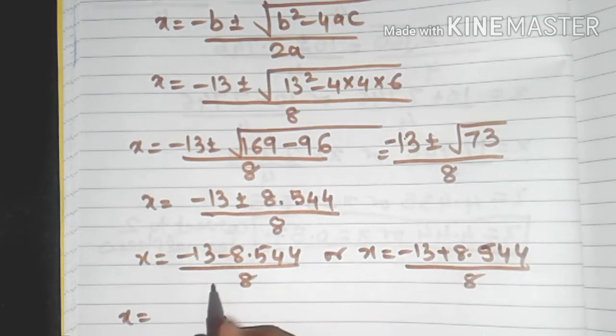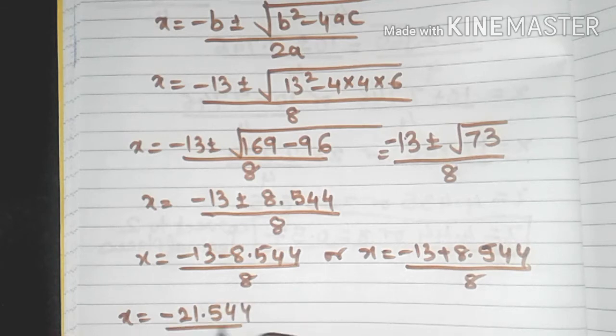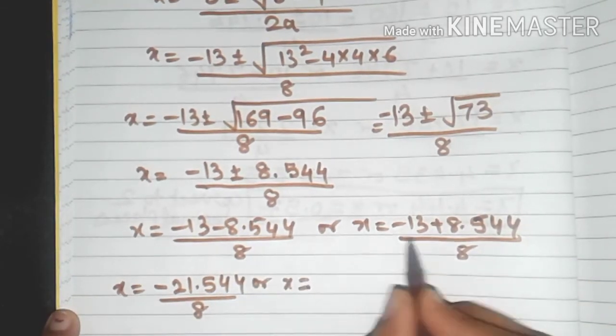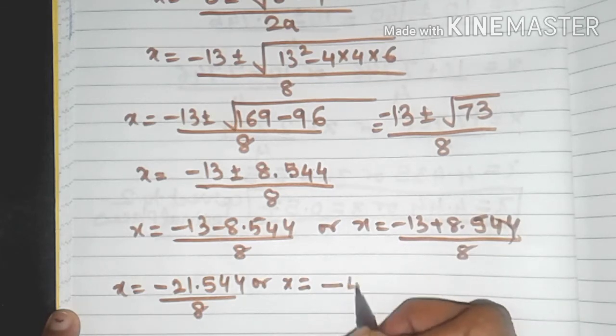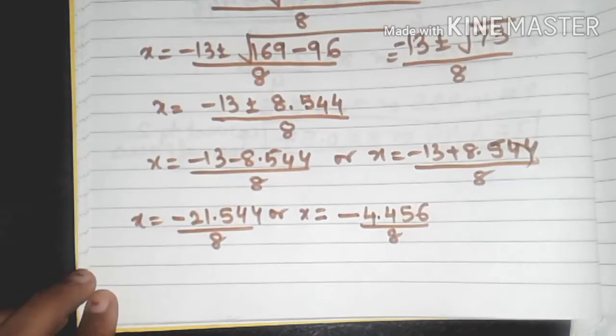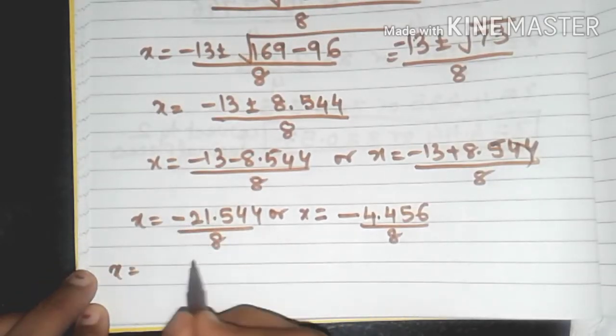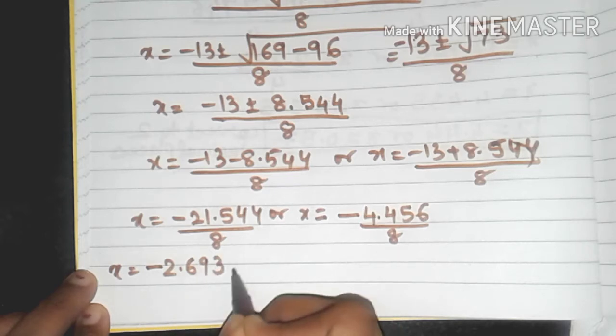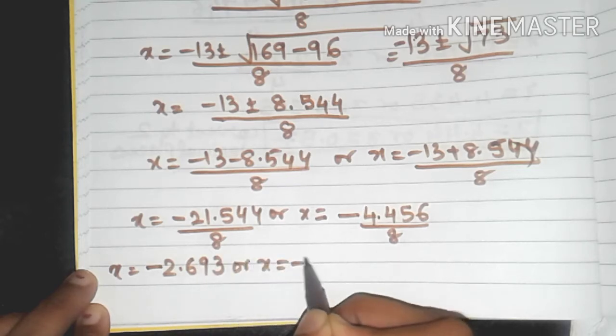Here we have to add, and we'll get minus 21.544 upon 8, or x is nothing but, what is this friends? You'll get minus 4.456 divided by 8. When we further simplify this, you'll get minus 2.693, or x is minus 0.557.